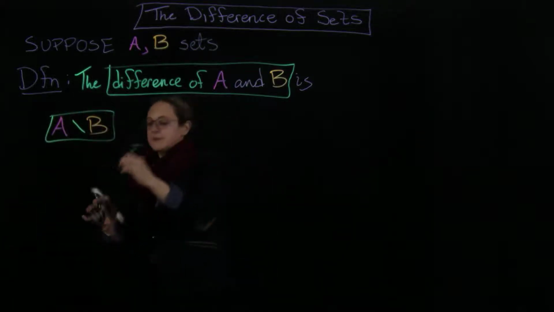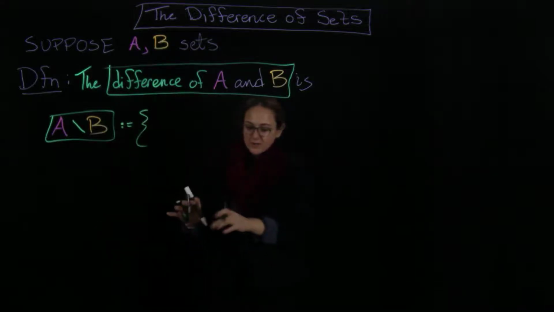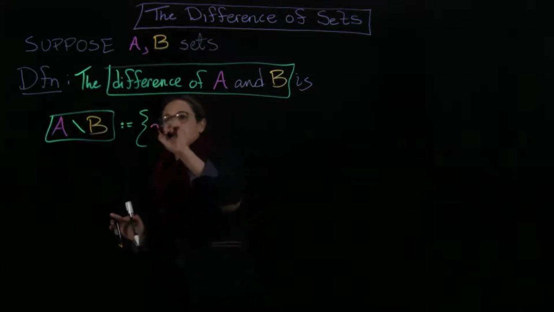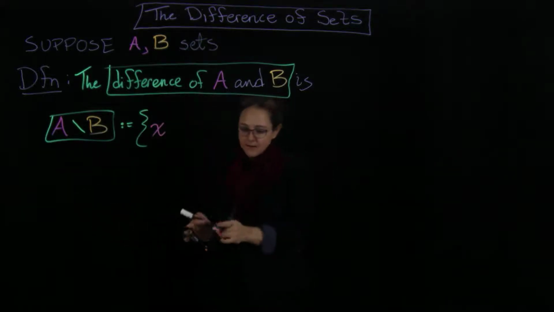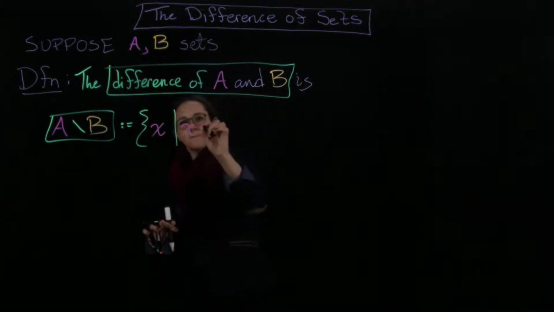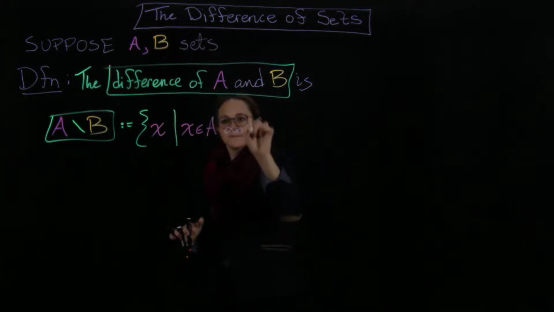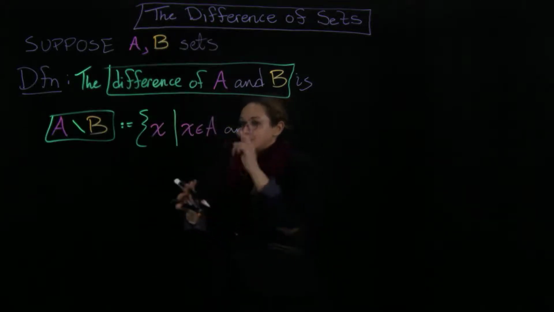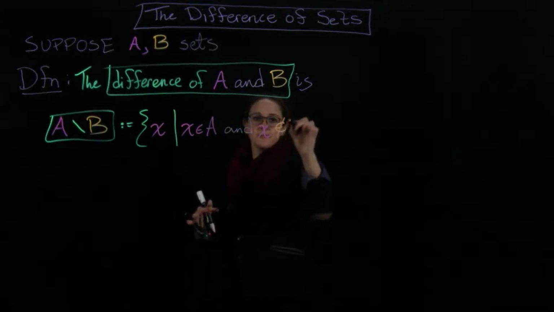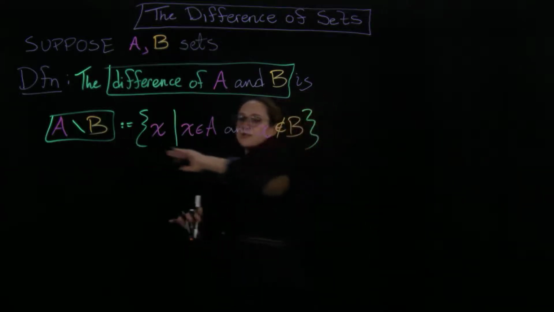By definition, this is equal to the set of all elements x such that x is in A and x is not an element of B. Okay, so this is the notation. This is what it is.